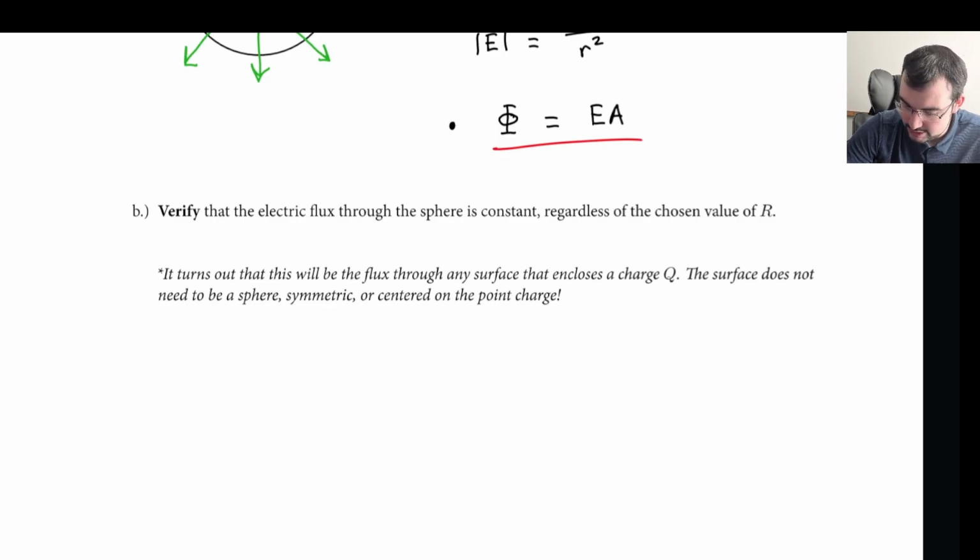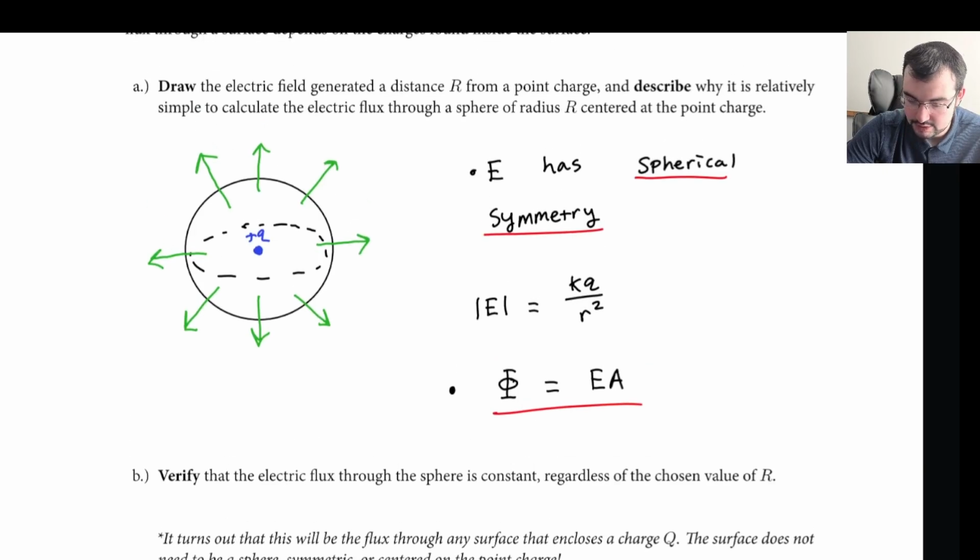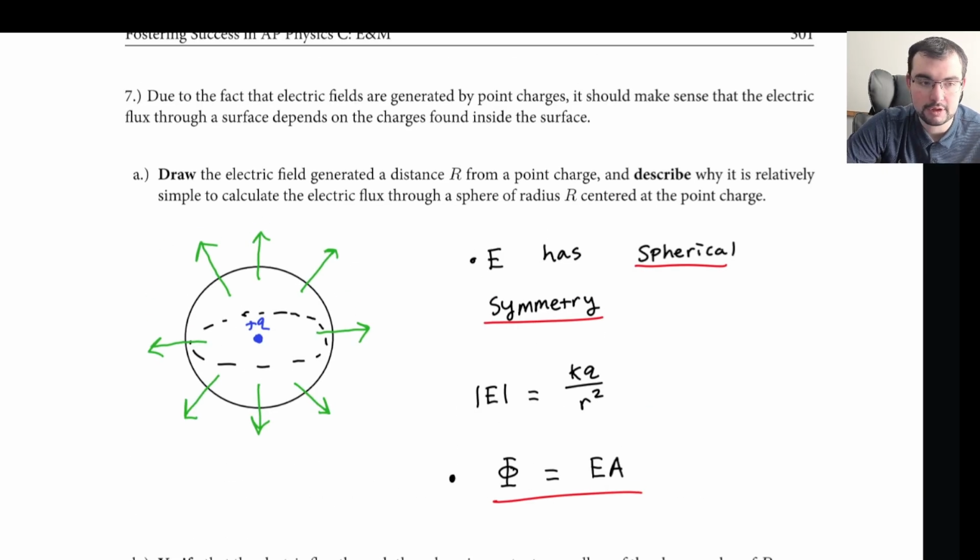So let's verify that this flux is constant regardless of the sphere radius. And this is definitely not intuitive at first. You would think that if I have a bigger sphere, well, that's more area, so that should definitely have more flux because it's a bigger area being pierced.